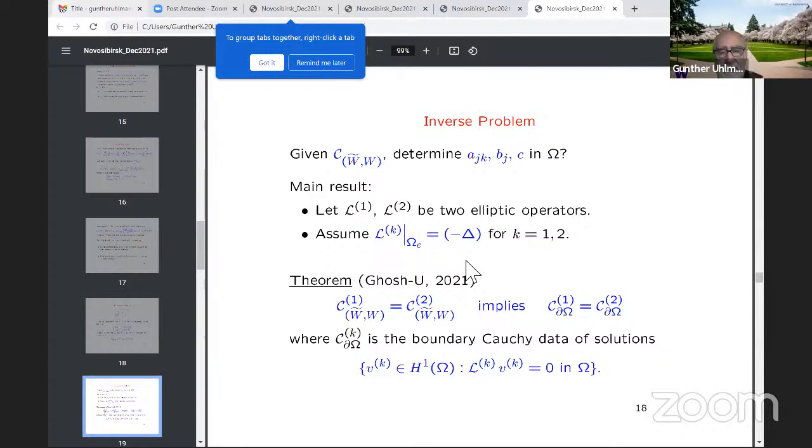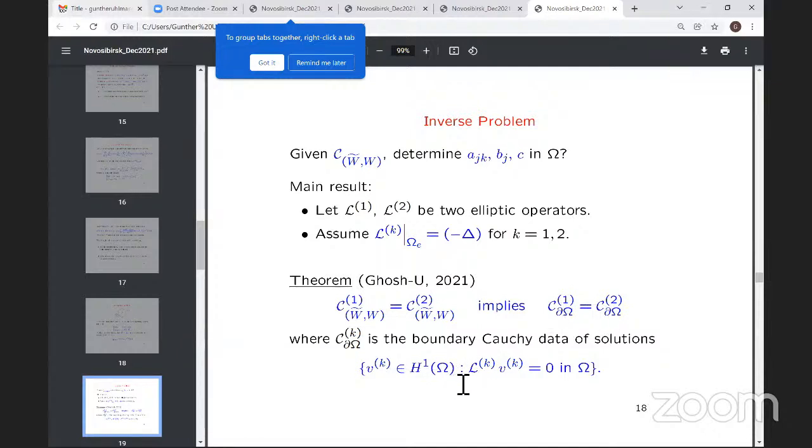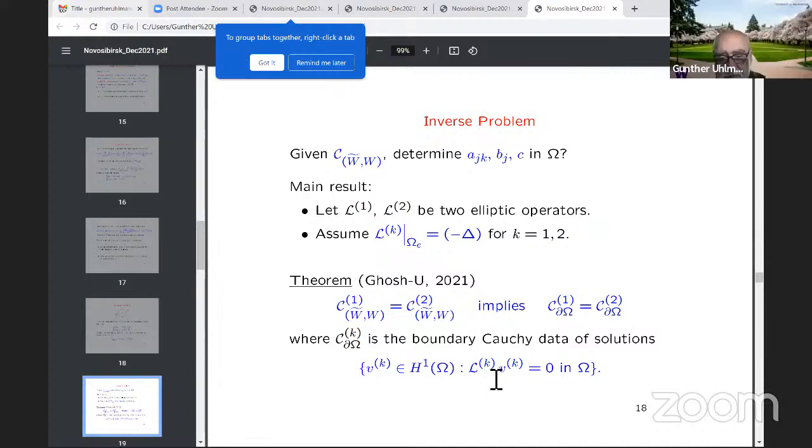Is that enough? And the theorem is that for the non-local problem with partial data, you can recover the Cauchy data for the local equation. The Cauchy data for the local problem is the standard one. So these are the operators, not the fractional ones.